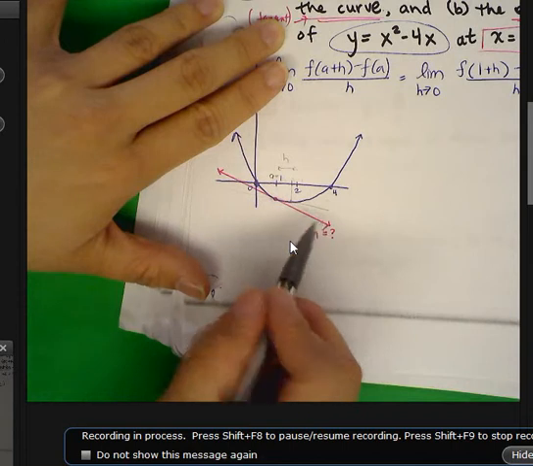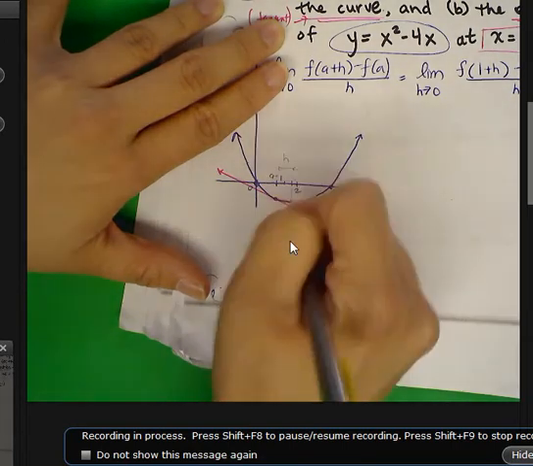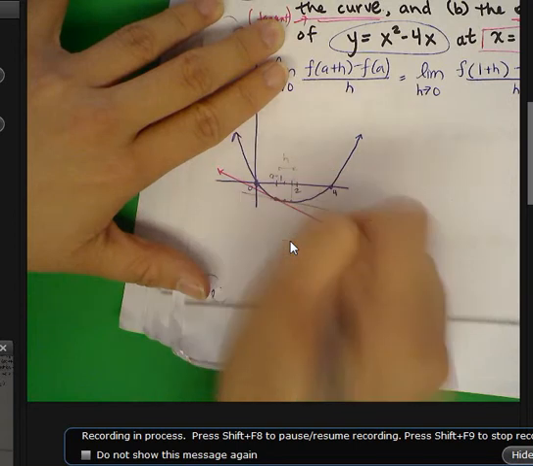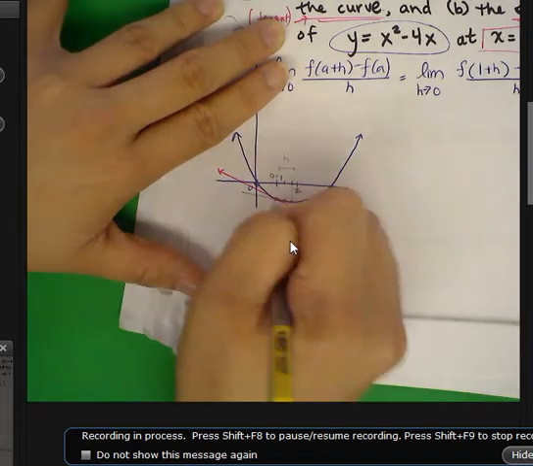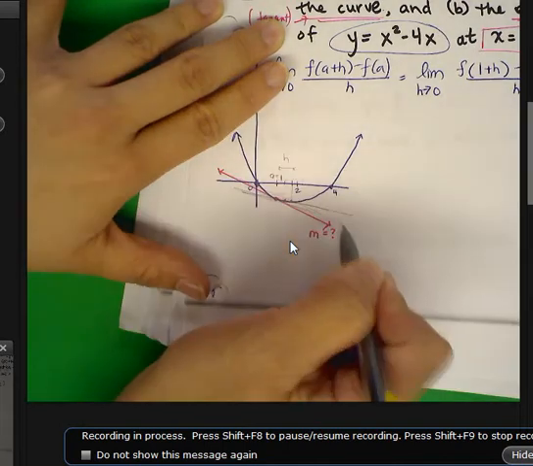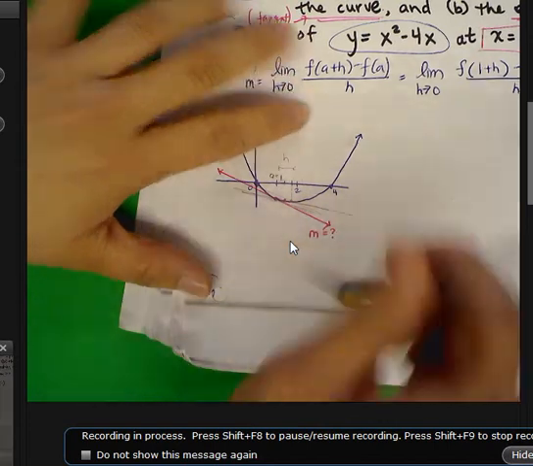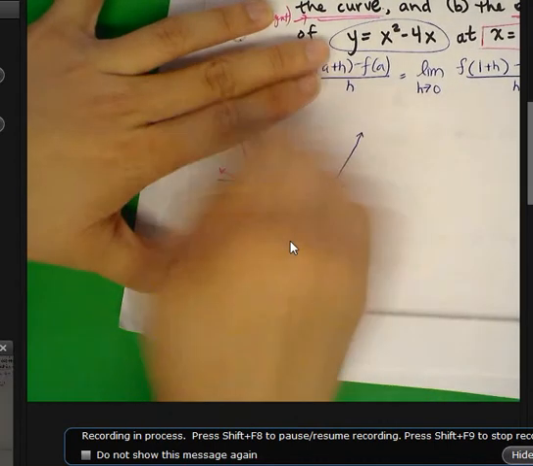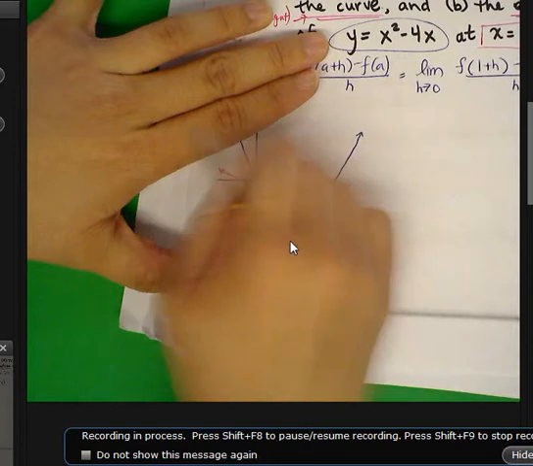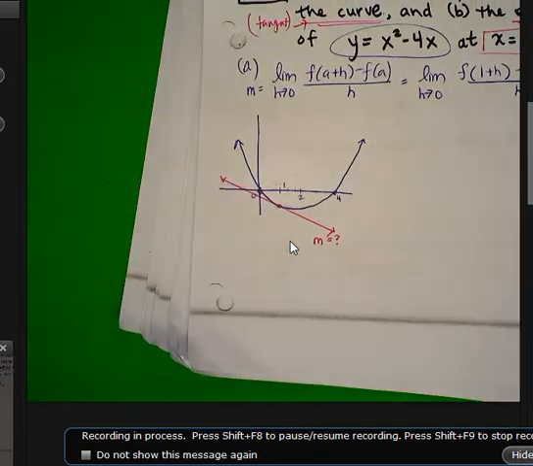So let's say I move a little closer, and I find the slope of that line. And then I get closer and closer until h is 0 and I get the tangent line. The pink line, yes. My goal is to find the slope of the pink line, but since I can't find the slope using only one point, I'm going to find it indirectly by creeping up on it through the secant line. Does that make sense?